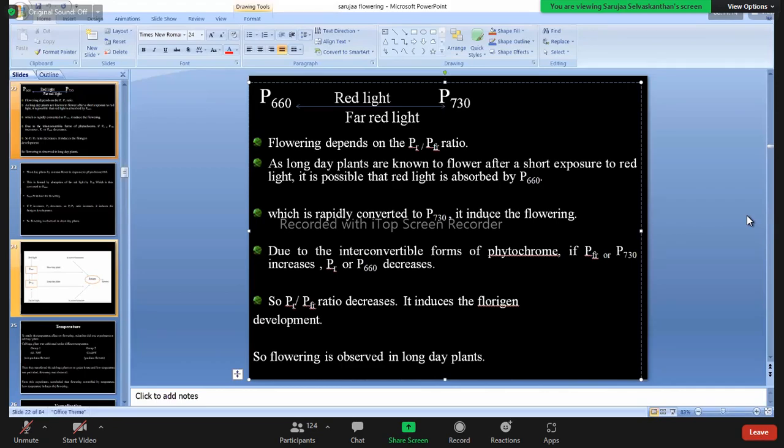Internal factor. Hormones, right? Hormones we have already studied, external factor and internal factor. I couldn't.